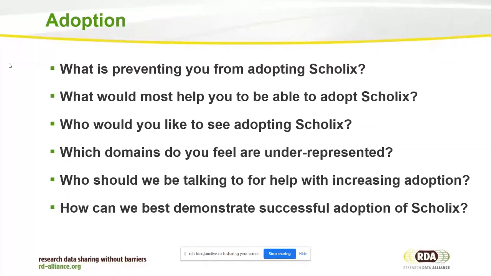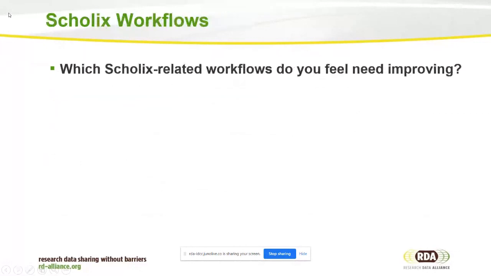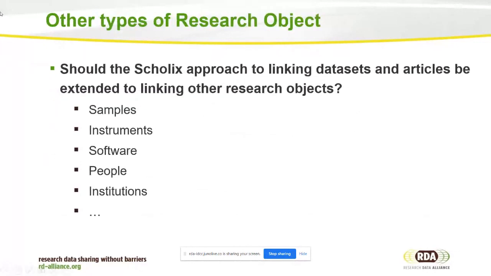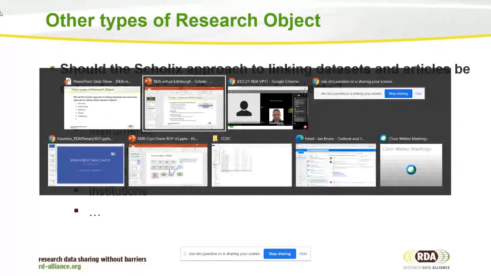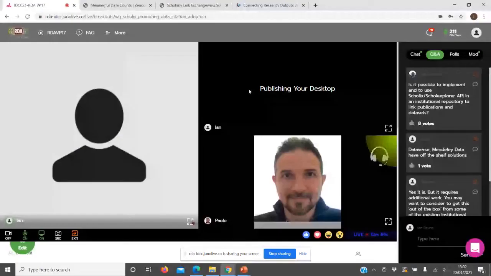Conversely, does anyone want to say, no, just stick to data-article links?